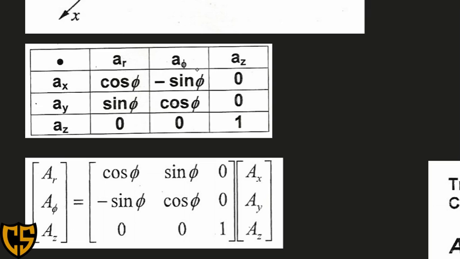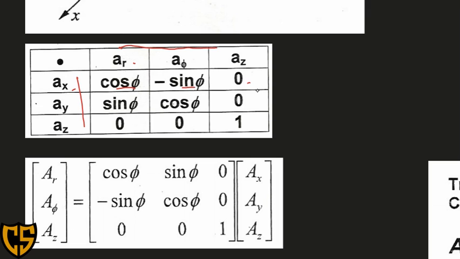Take note that down here, this represents our rectangular unit vectors, and up here are your cylindrical coordinate system unit vectors. So if we perform a dot product, we will have ax dot ar, and its answer will be cosine phi. Then ax dot a phi will be negative sine of phi.